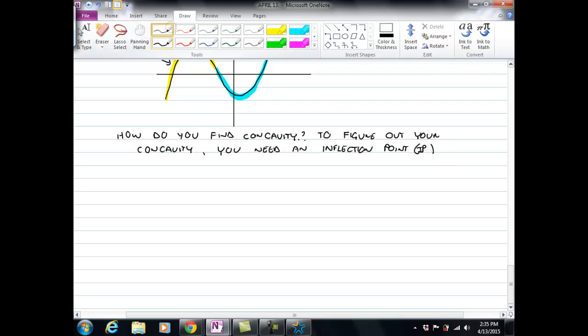The formula for Ip Man is f double prime of x. So what we want to do is find my inflection point. It generally occurs when your second derivative equals 0. My first derivative is called critical point. My second derivative is called inflection point.